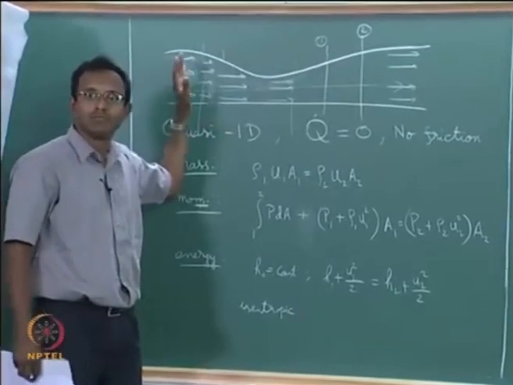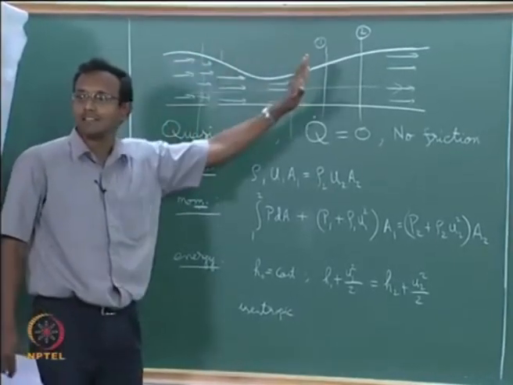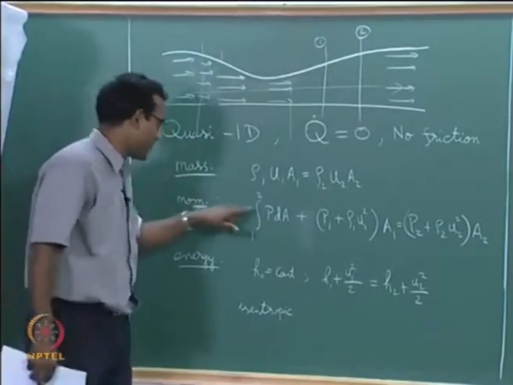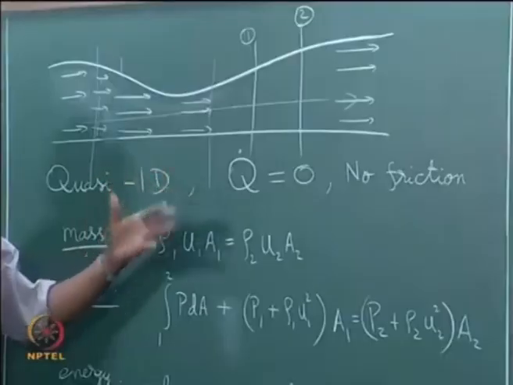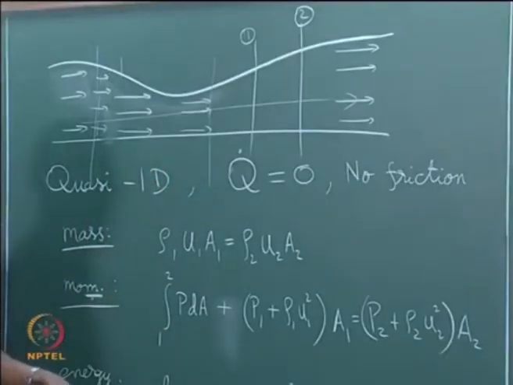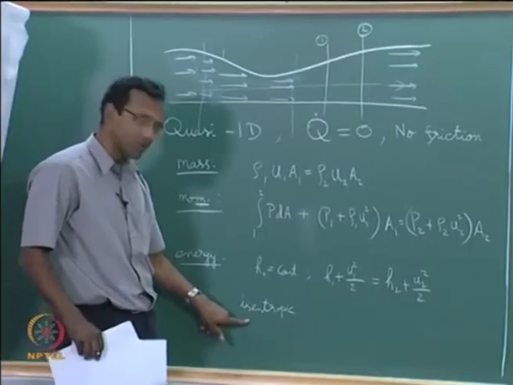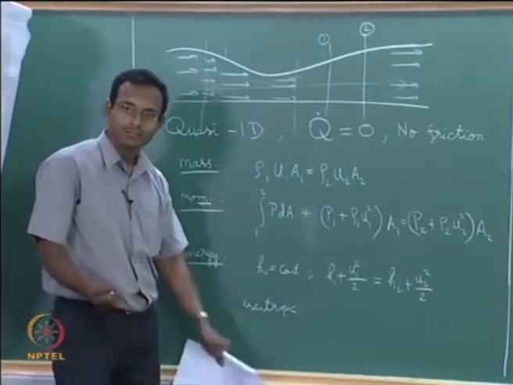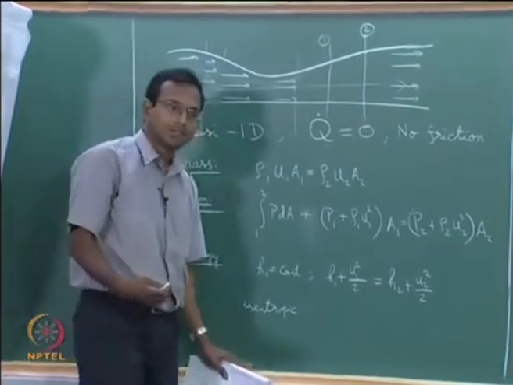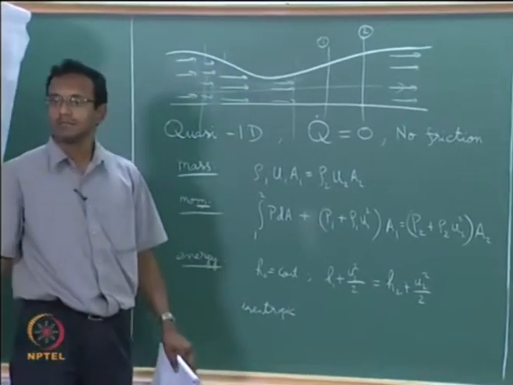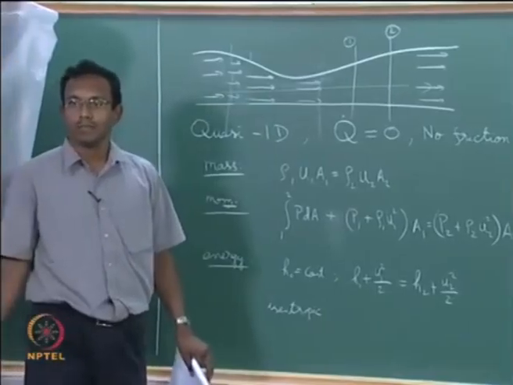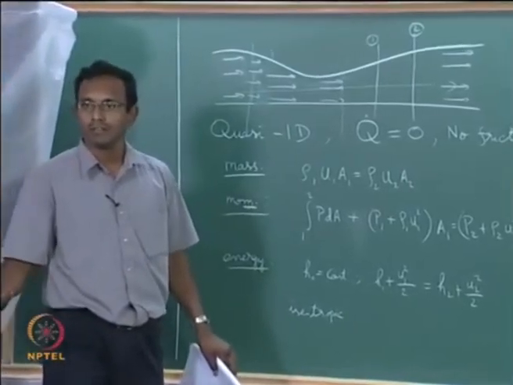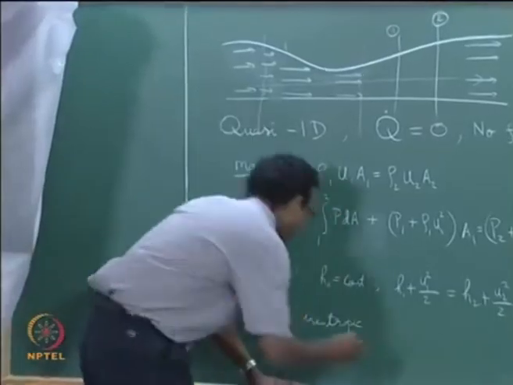Okay. Now if I want to solve this flow problem from one section to another section and I want to see how flow properties are changing, now I am in trouble because I have to do this integral every time if I am using this set of equations. Okay. It is not easy to use. Of course what is the equation when I say isentropic? What is that? P equal to what here? Okay, we can write it in several forms.